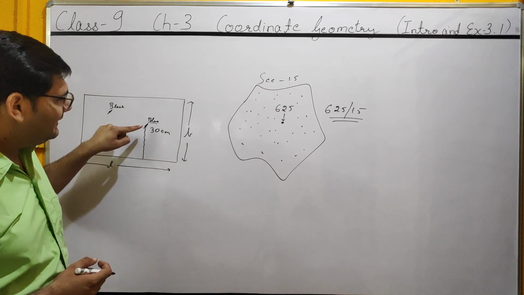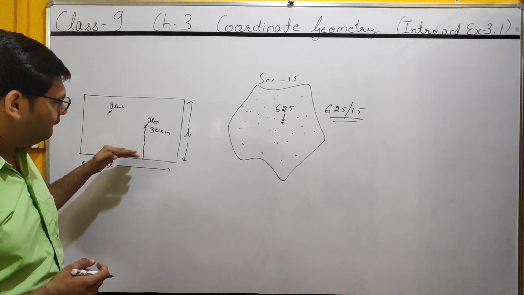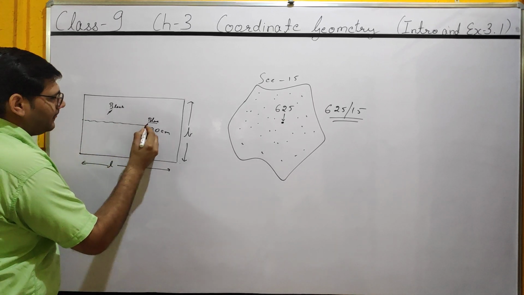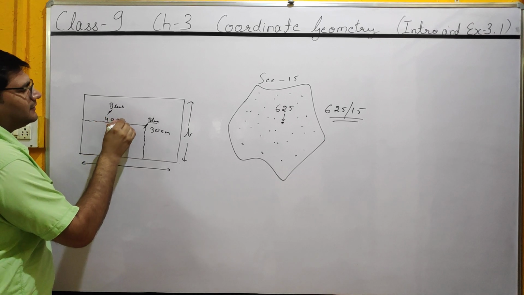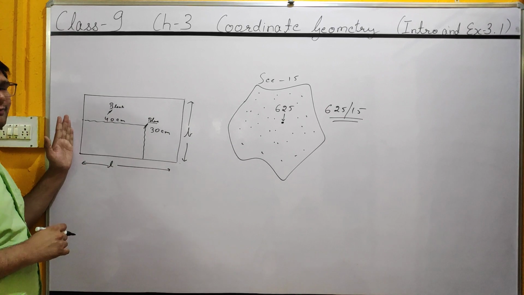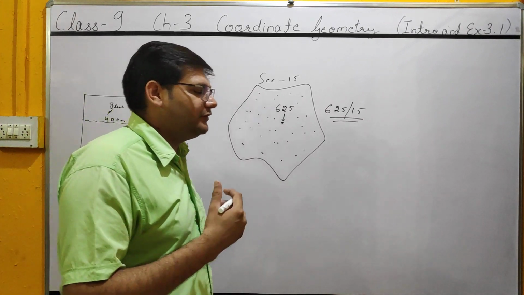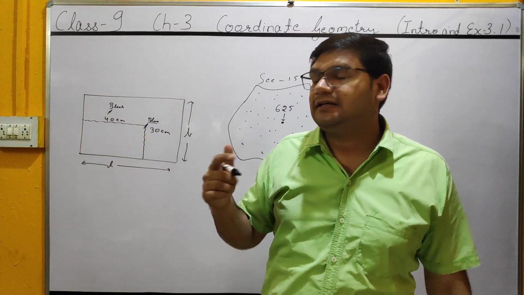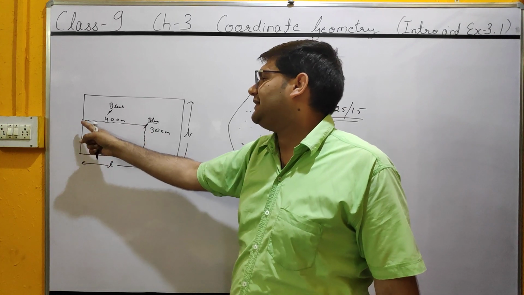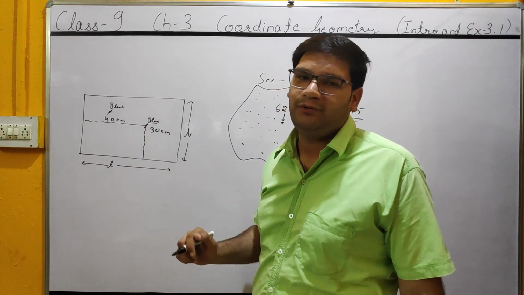Means we can say that the blue pen is 30 centimeters away from the length and 40 centimeters away from the breadth. This is length and this is breadth. So this is the location of the blue pen.